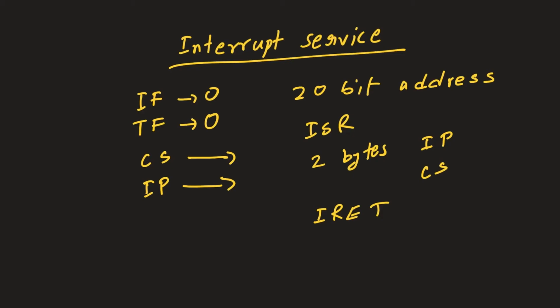After every transfer, the stack pointer is incremented by 2. Thus at the end of the interrupt service routine, the previous status of the processor is restored and the processor will resume the execution of the program that it was executing earlier.